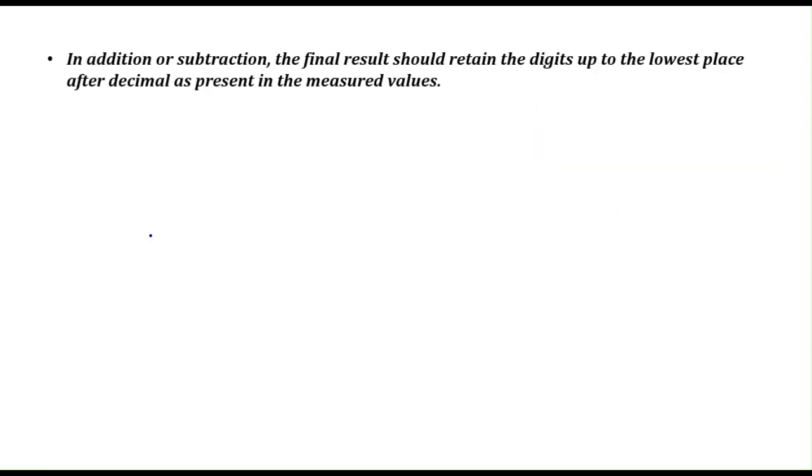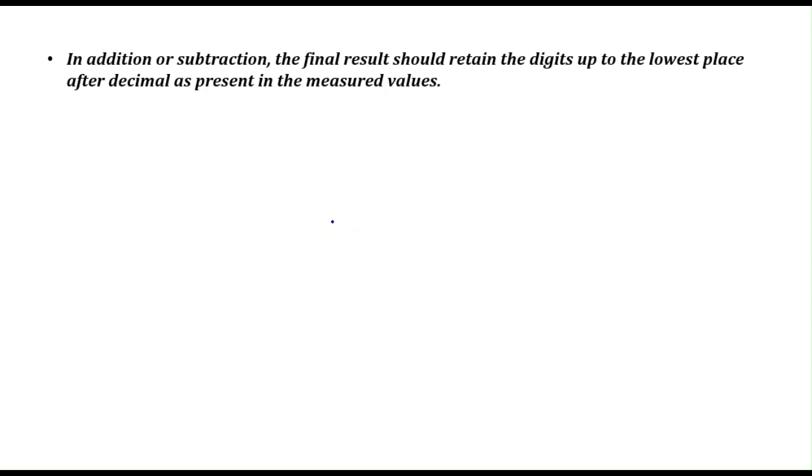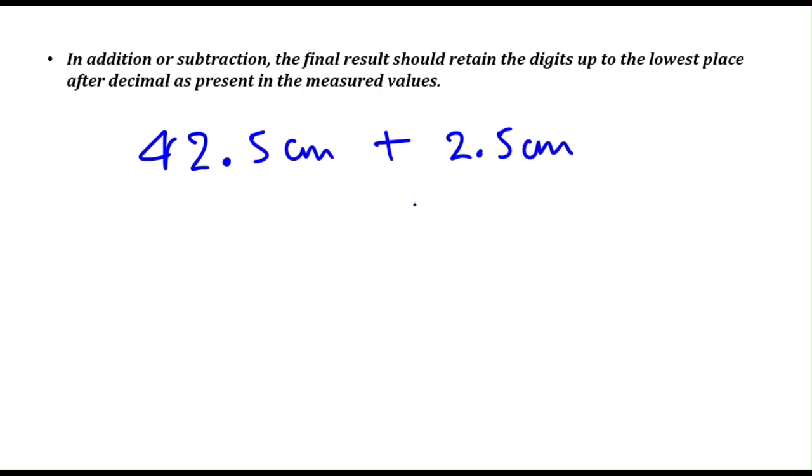Okay, let's continue our discussion. In case of addition or subtraction, we have already seen an example here. So what do we need to do? We need to keep the digits up to the lowest place after decimal. So let's take an example, then it will be obvious. Suppose we have measured one value 42.5 centimeter, and another value 2.5 centimeter, and then we are adding these two.